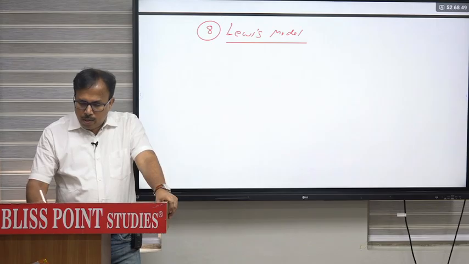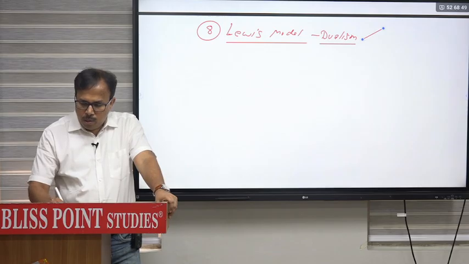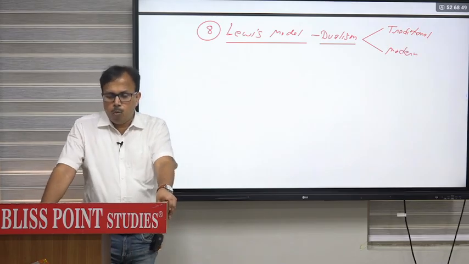The Lewis model actually talks about dualism, and dualism actually means coexistence of the traditional sector and the modern sector.